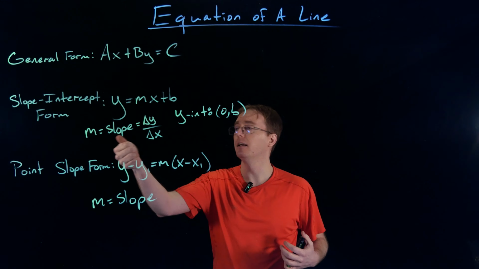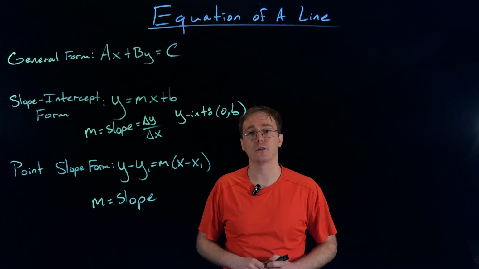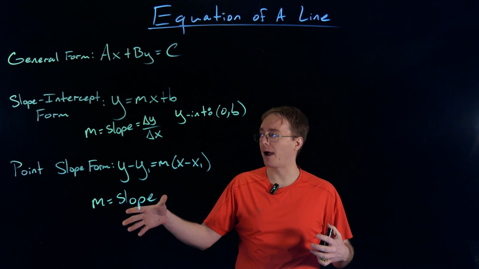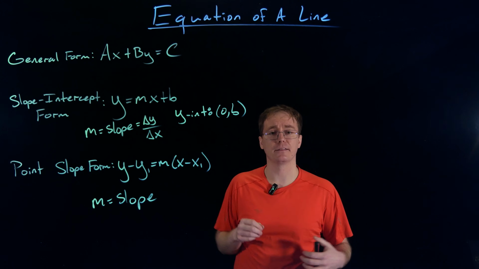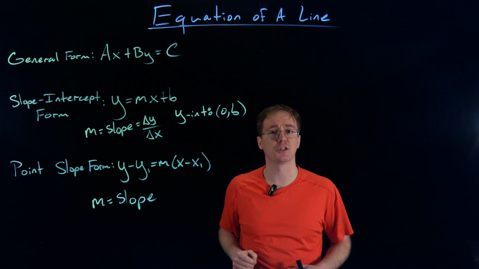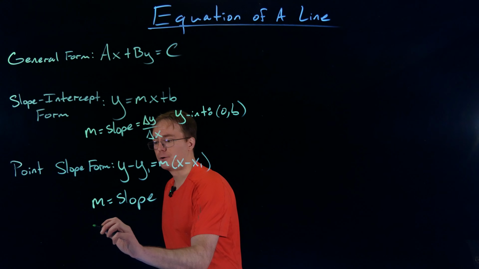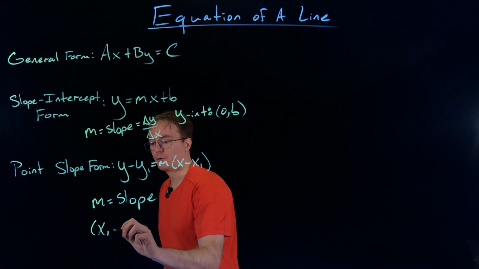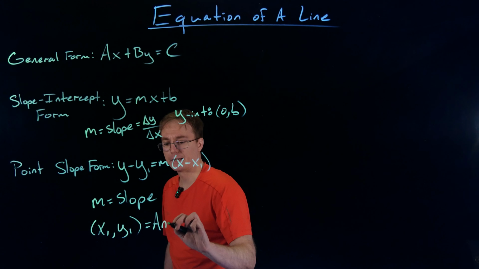That point could be the y-intercept, or it could be literally any point that we know our line goes through. And that makes it a little bit more powerful, or general, because we can plug in any point the line goes through. Well, for slope-intercept form, we have to know that very special y-intercept point. And so in point-slope form, (x1, y1) can be any point the line goes through.